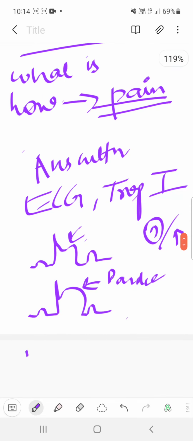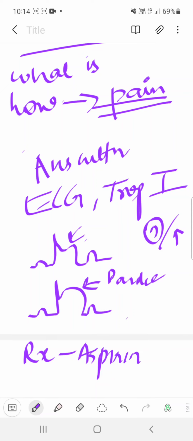At last the doctor will give treatment, that is aspirin. Steroids are not given because the patient recently had an MI and is in the stage of the healing process.